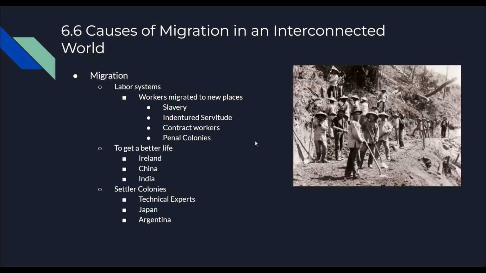6.6, causes of migration in an interconnected world. Migration was increasing by that point due to increased labor systems in which workers migrate to new places. The reasons for this are slavery, indentured servitude, contract workers, or penal colonies.